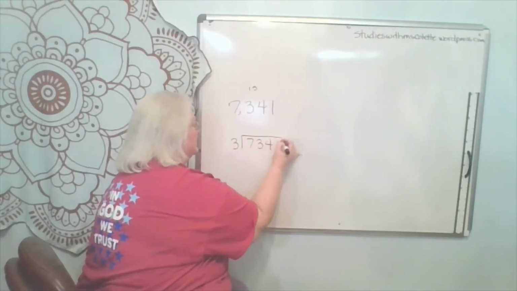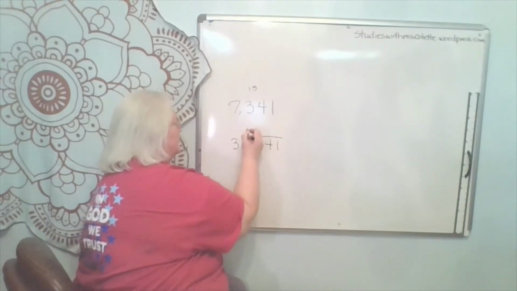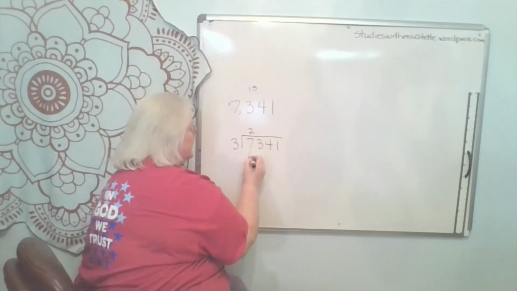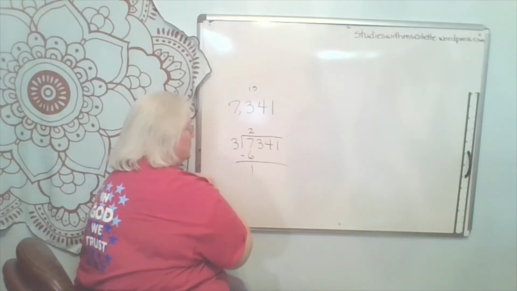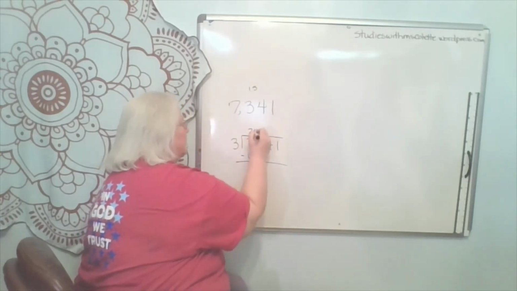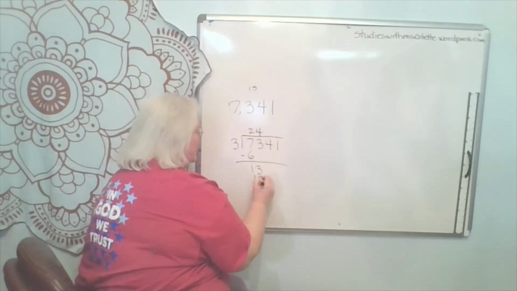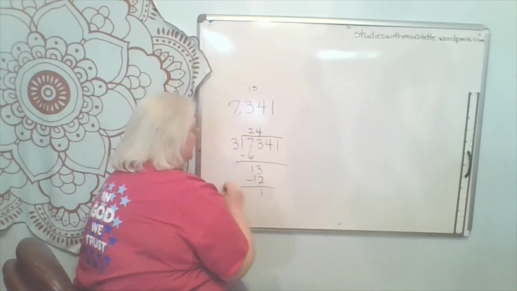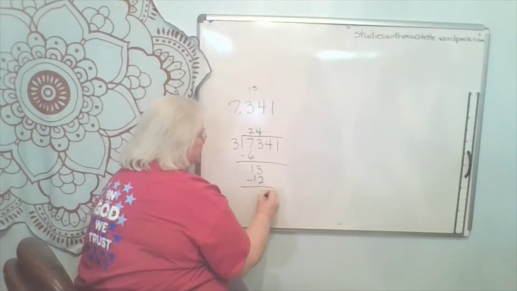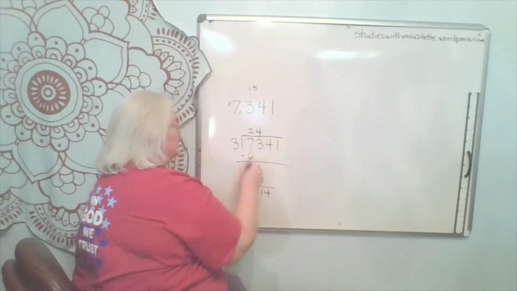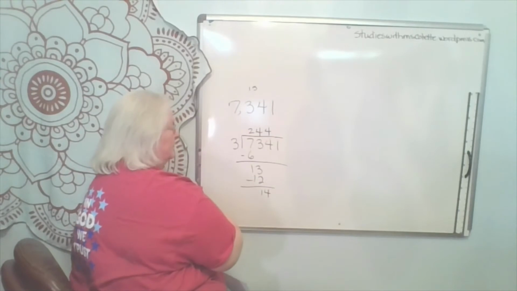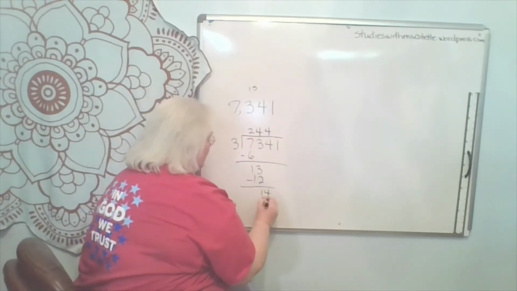Okay? So 3 will go into 7 2 times. 2 times 3 is 6. When we subtract, we get a 1. Bring down the 3. 3 will go into 13 4 times. 4 times 3 is 12. When we subtract, we get a 1. Bring down the 4. 3 will go into 14 4 times, again 12. When we subtract, we get a 2.